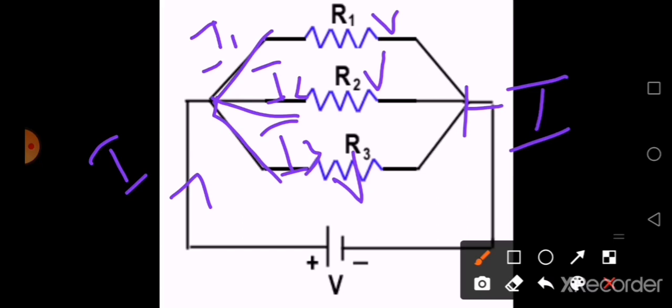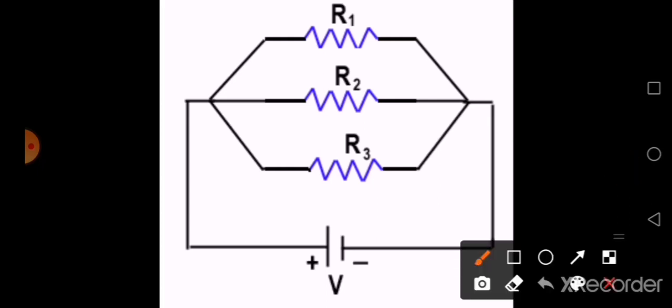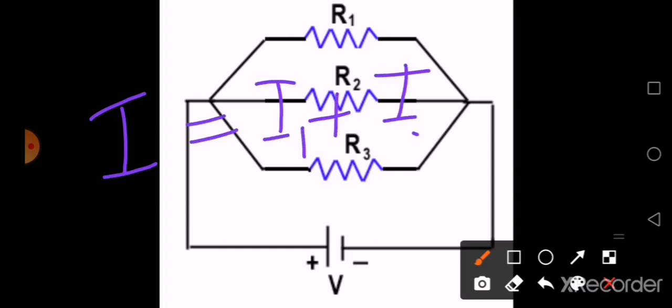But in case of a parallel connection, V or potential difference is going to be the same, I is going to be different. So here in this case, the total effective I will be equal to I1 plus I2 plus I3. Okay. So this is what you are going to consider here.